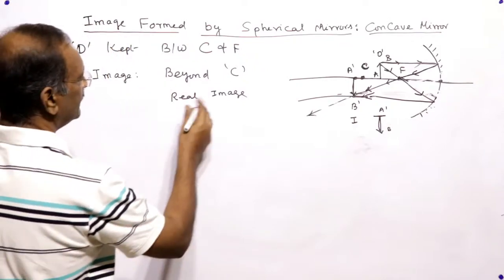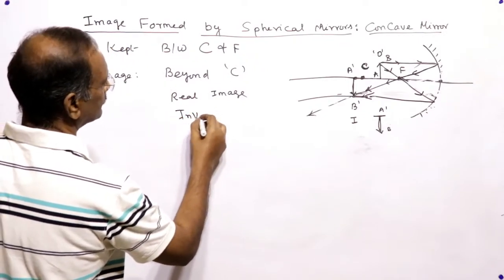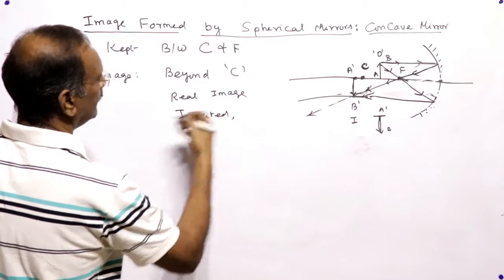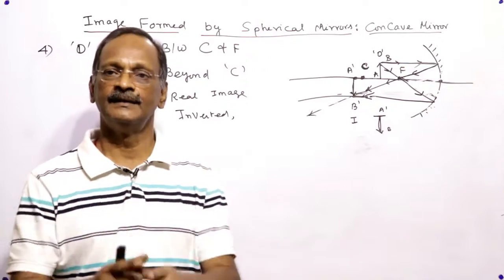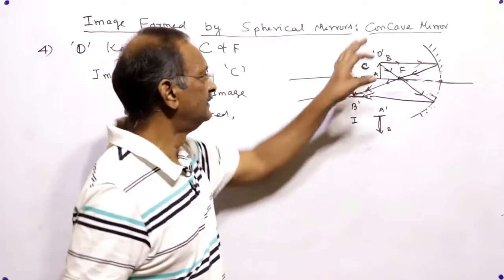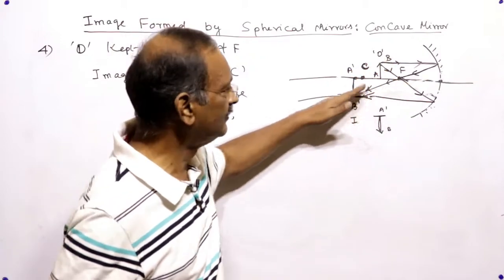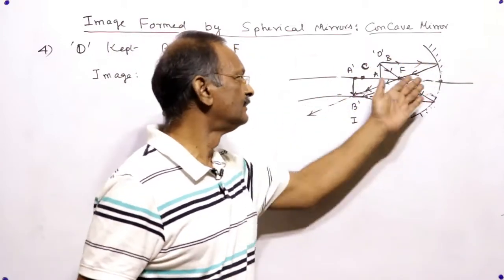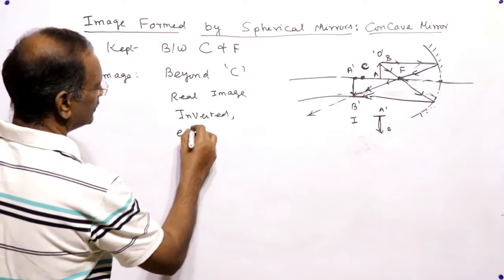So the nature of the image is real and inverted. What is the size of the image? The size of the image will be bigger than the object. This is the object, this is the image. In the diagram I am not able to show it because I have not drawn it to scale. So the image will be enlarged.